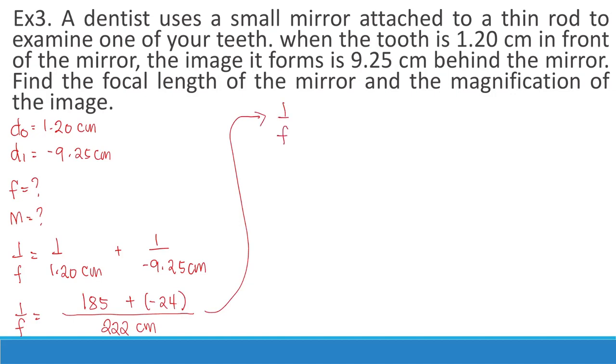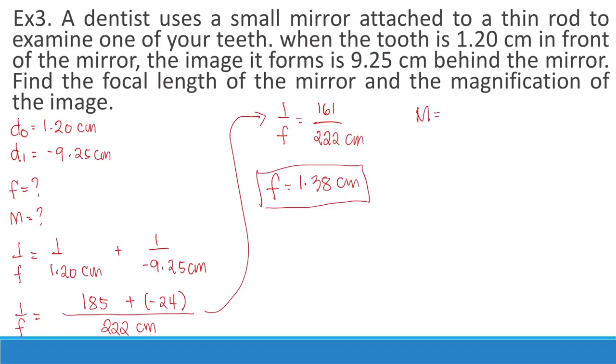So that 1 over f is equal to 161 divided by 222 centimeters. To get the reciprocal of this, we could have 1.38 centimeters as the focal length of the dentist's mirror.